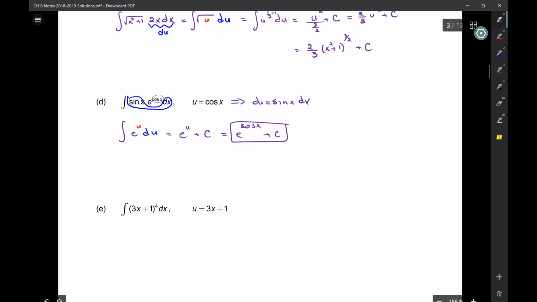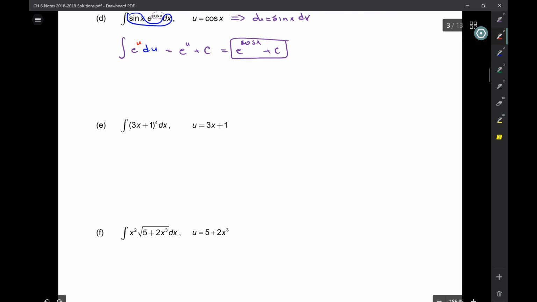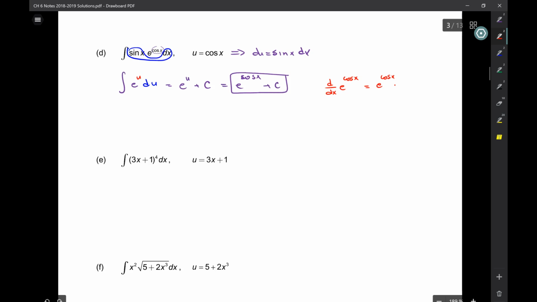Okay, let's pause for a minute and check. What's the derivative of e to the cosine x? E to the cosine x times what? Times now we need the derivative. Oh, wait, you were right. There is a negative. I'm sorry.